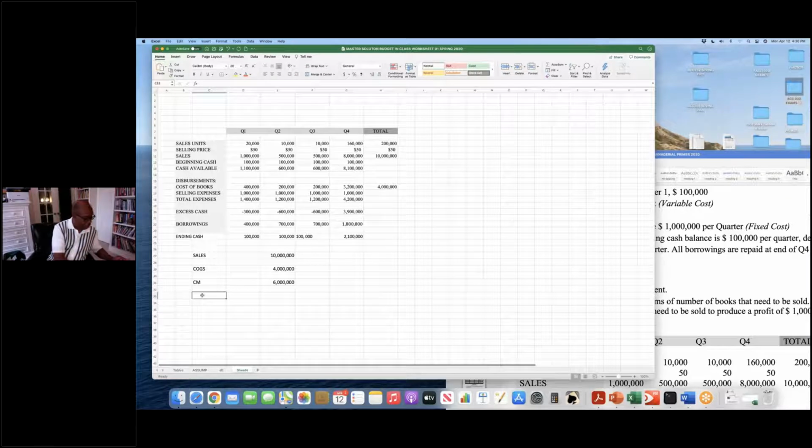Then our fixed cost is going to be the selling expenses, and how much are the selling expenses? 4 million. So our net income is what? 2 million.